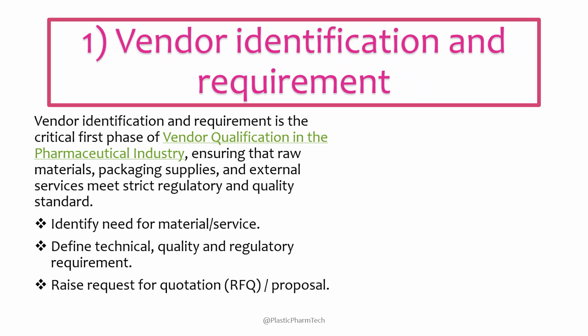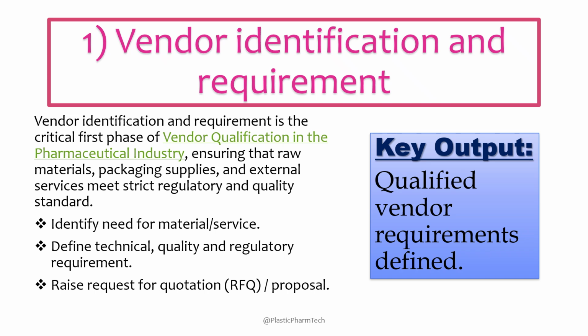First, we will identify need for material or service. Then define technical, quality, and regulatory requirement. Then raise request for a quotation, that is RFQ or proposal. Then the output for the vendor identification and requirement: the qualified vendor requirements defined.